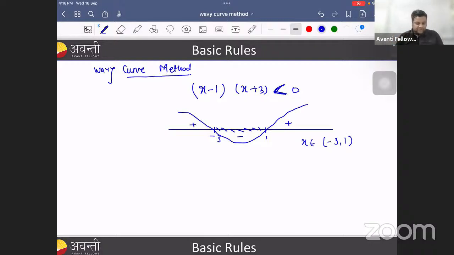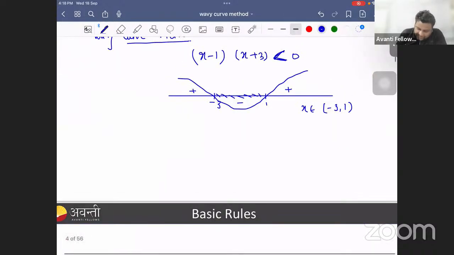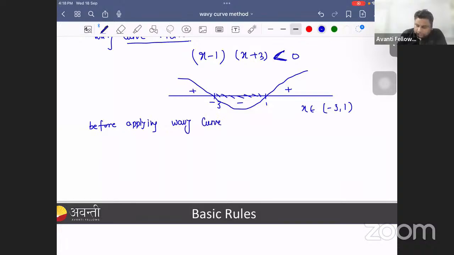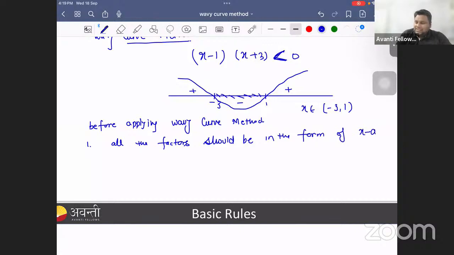Now, what are those measures? See, before applying wavy curve method, first condition, all the factors should be in the form of x minus a, not a minus x.